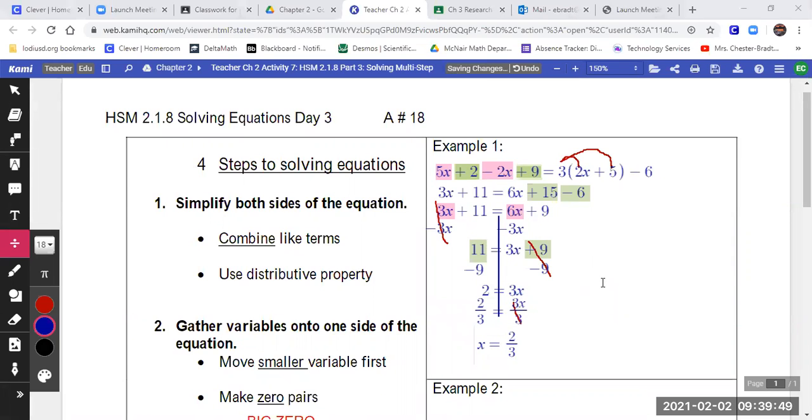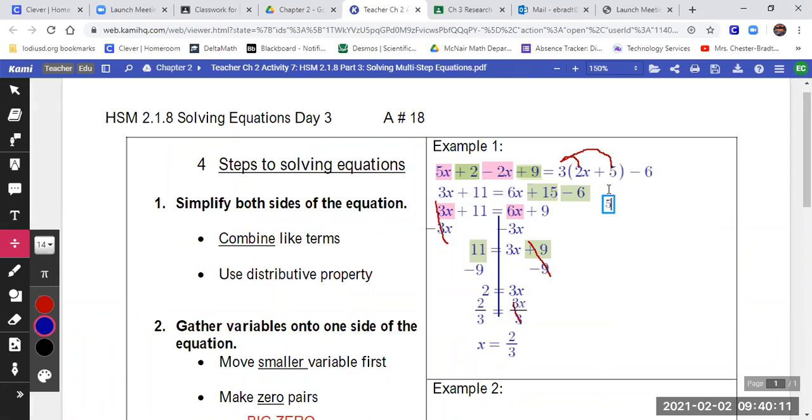The only trick is we now have to go check our answer. Fractions make checking the answer a little irritating, but not impossible. I am going to change my font smaller for my check, because I have to take that 2/3 back into my original problem, and it's a pretty big original problem.